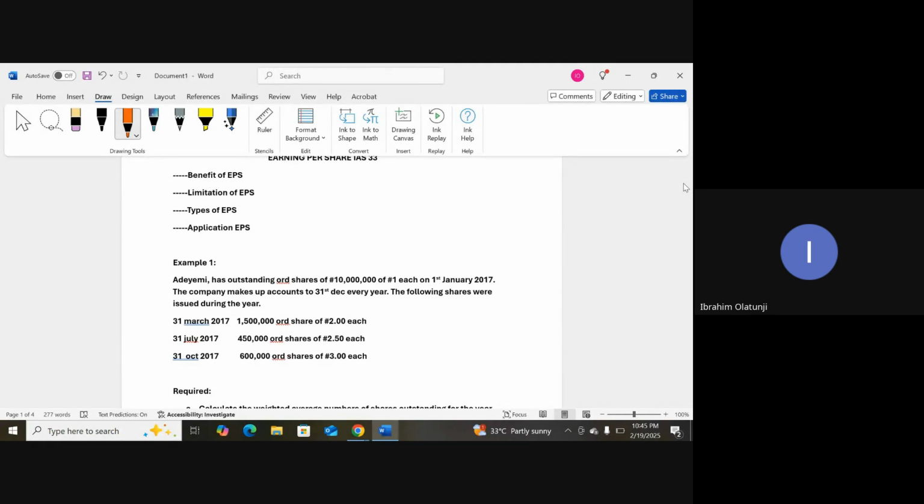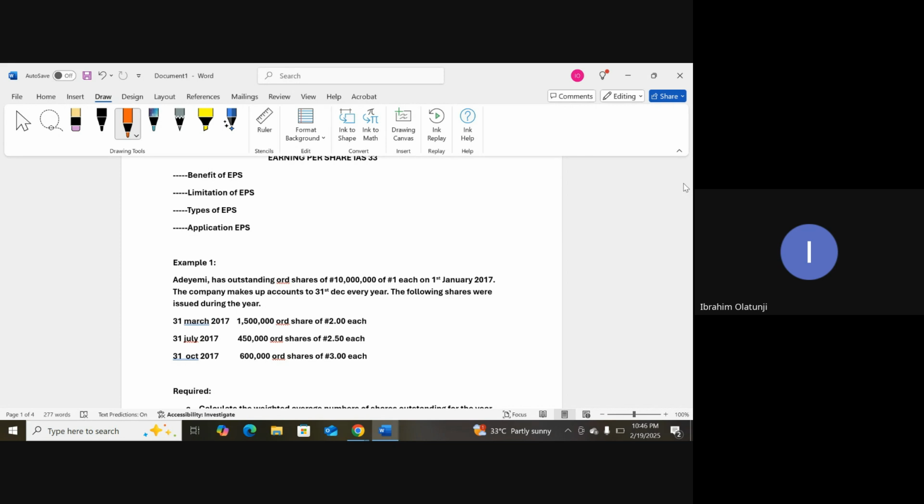No problem. One of the benefits of EPS is that we can use it to measure financial performance between two companies, that is, between two entities. EPS is good enough for that.